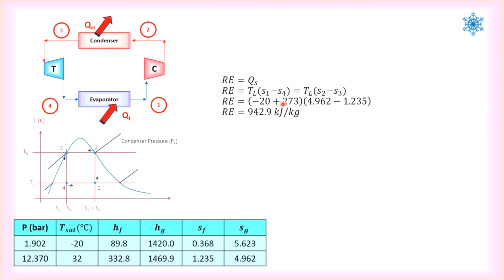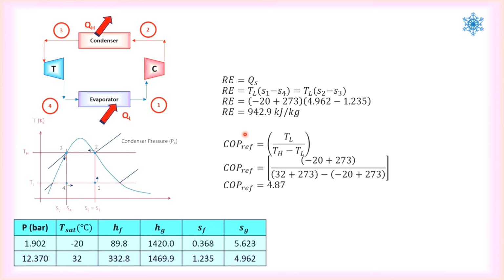Then you add 273 for the absolute temperature of TL. Then multiply by the change of entropy which we have found, S1 and S4, or S2 and S3, also the same. So you can find RE as 942.9. That is your RE, or the heat absorption.